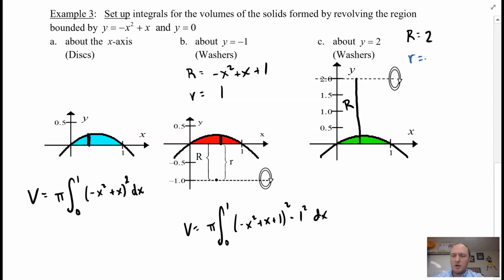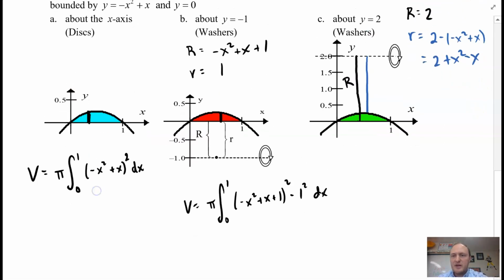Little r is the distance from our axis of revolution to the closest point of our function. So this is going to be the distance of 2 minus whatever our function is here, so 2 minus negative x squared plus x. If I clean this up, we have 2 plus x squared minus x as our little r.